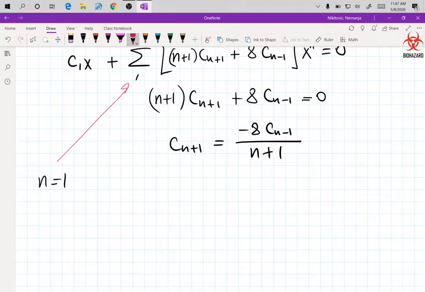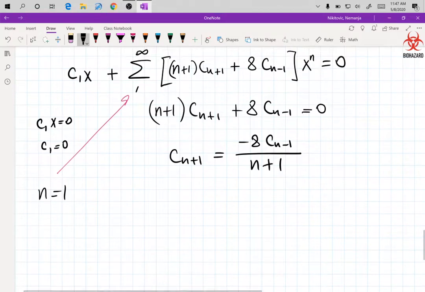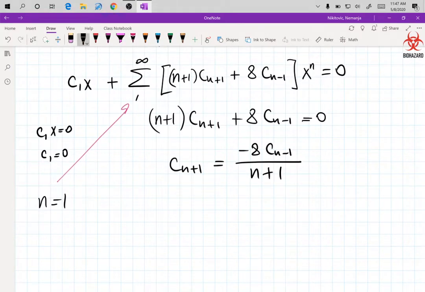Now this c1x needs to be also equal to 0. That means that c1 is 0 because your x is not supposed to be 0. So you get the recursion and you get this formula.